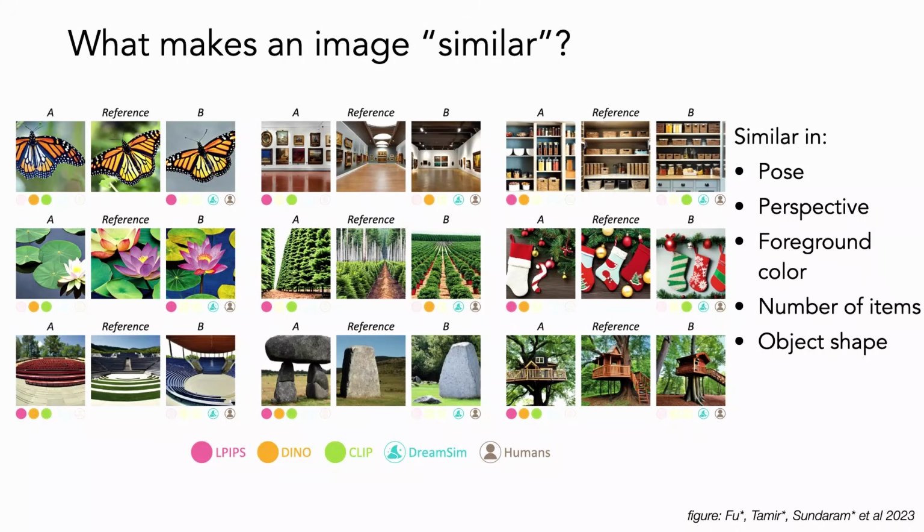It turns out there are a lot of different ways that we think about similarity: pose, perspective, foreground color, foreground background orientation, the number of items, object shape. And what's the most useful way to have things be similar or different in a representation space is probably going to be contextualized by some downstream task that we're interested in.